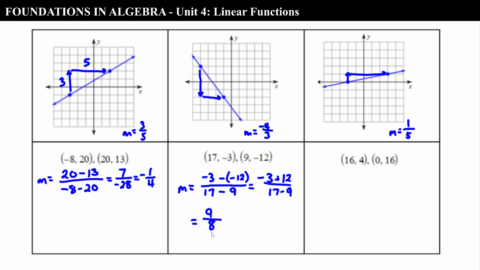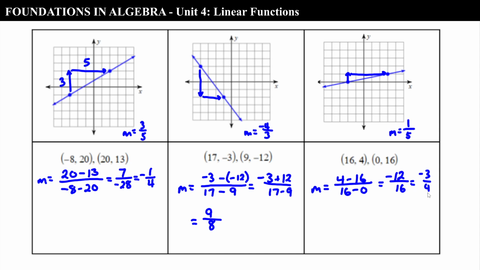So our slope is 9/8. And then finally, last example for the section, let's do 4 minus 16 over 16 minus 0. That's going to give us -12 over 16, and that reduces down to -3/4.